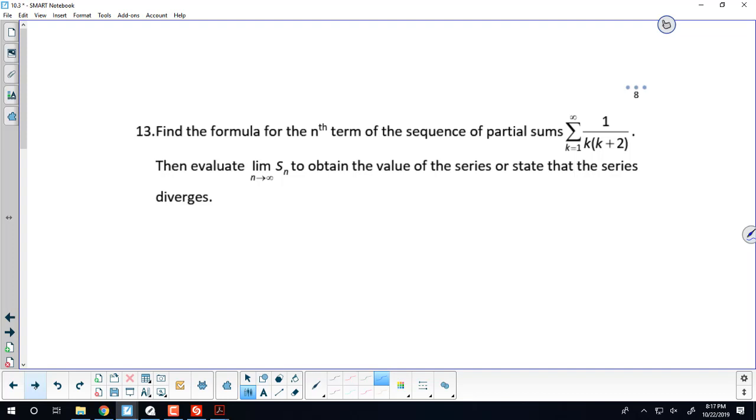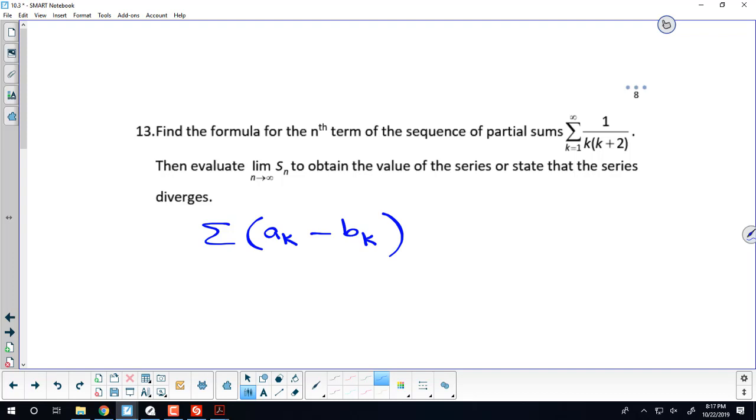So we could do a partial fraction decomposition to see if that were telescoping. The thing with telescoping series is it kind of has to be of the form something minus something else, right? Because that minus is what's giving us the cancellation in a lot of those terms.